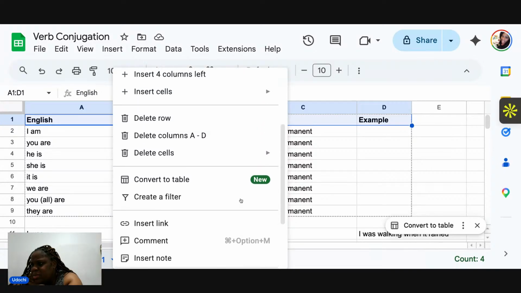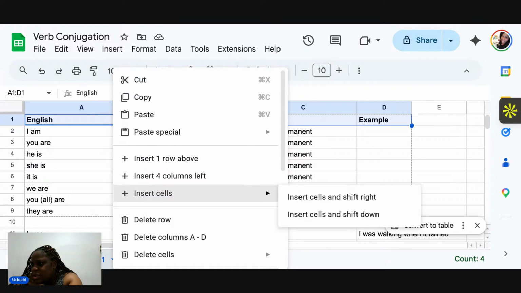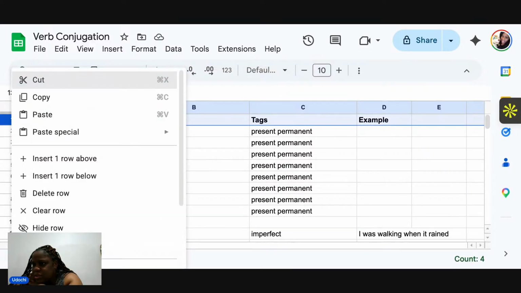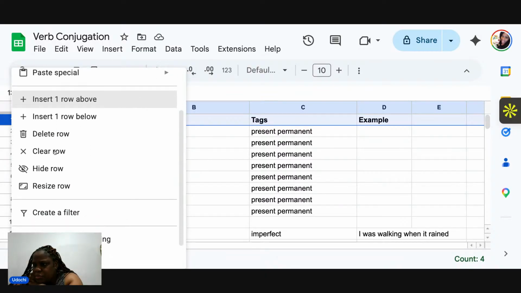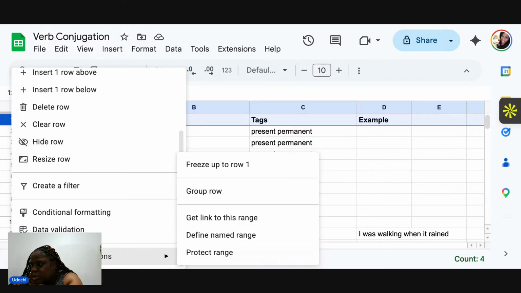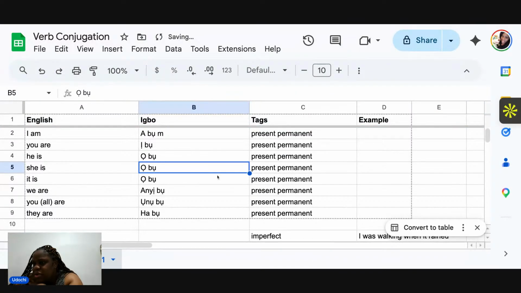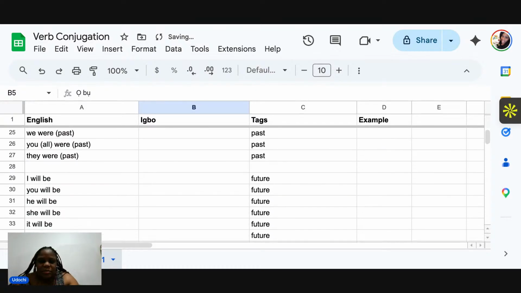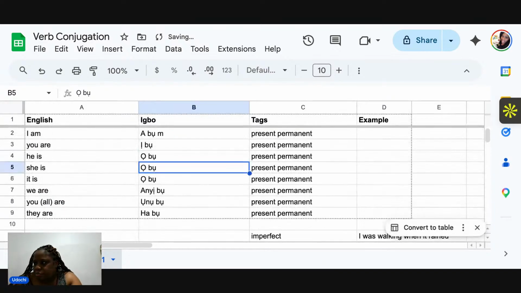It's not letting me have the one where this row is... copy, data validation, more actions. Freeze. This is what I want. Freeze up to one row. All right, cool. So that way, when we're scrolling, we're still seeing the categories. Awesome. Okay.